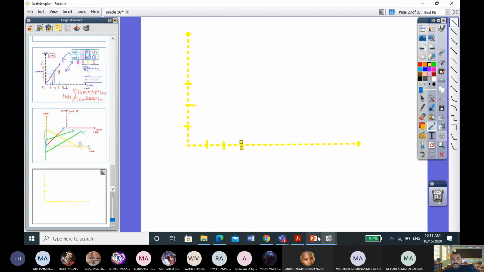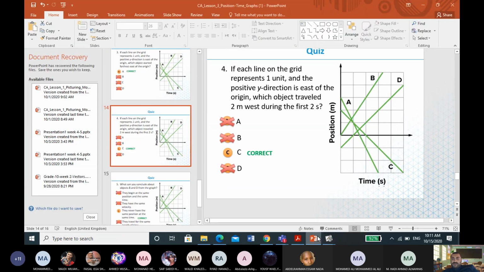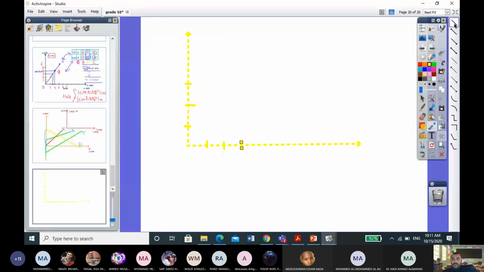Okay, let me draw this. It's from 2 and here. Okay, I can draw it now. So this is the curve, guys.